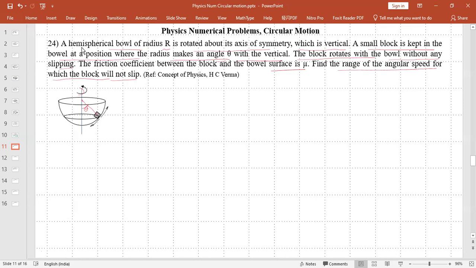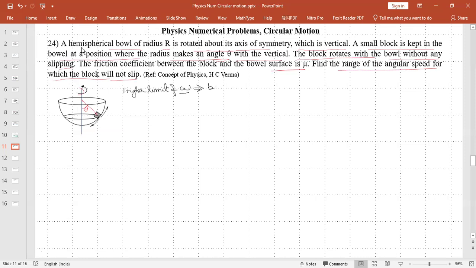Let us first find the higher limit of angular velocity omega. Let's first take this case. Beyond this omega, the block will have a tendency to slip up.